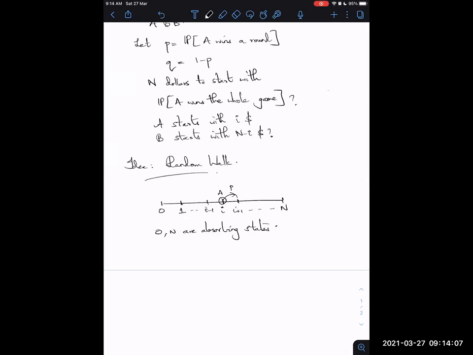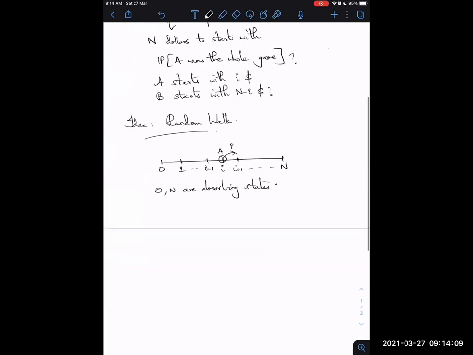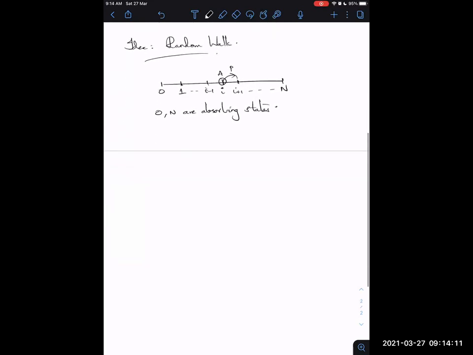Okay, cool. So now the strategy to solve this random walk is to use a conditioning of events. We call it conditioning on the first step.